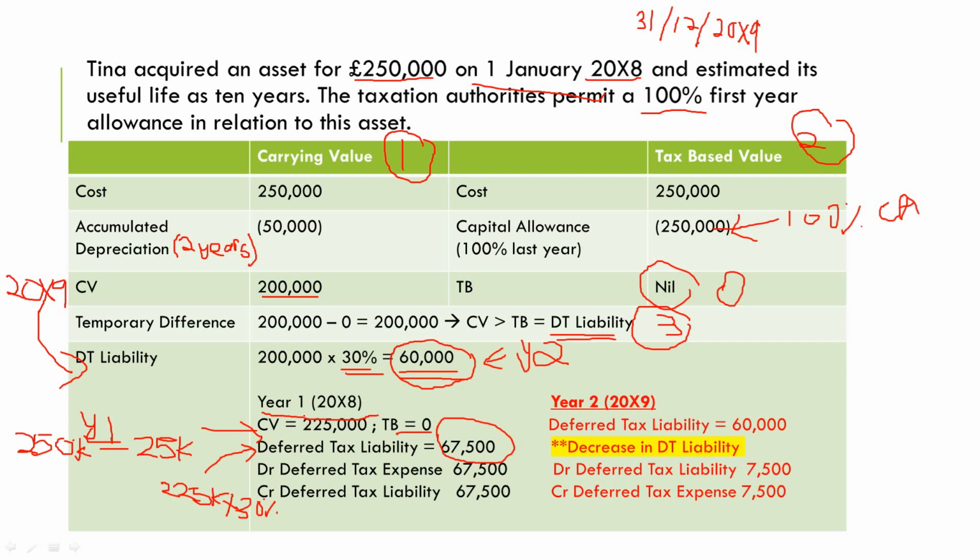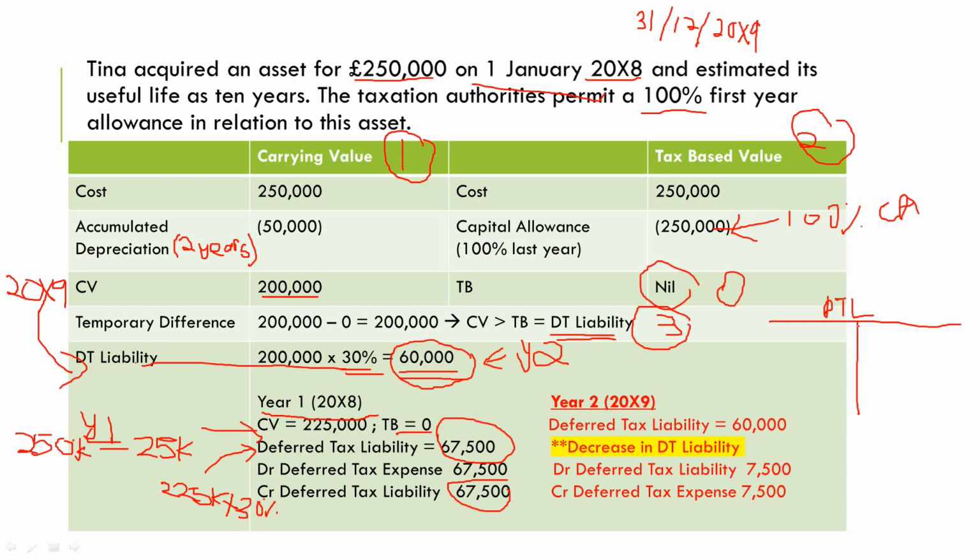But now, for the second year, based on this calculation, you know that the deferred tax that should be recognized is 60,000, meaning that you see a reduction in deferred tax liability. Last year, it was 67,500. This year, we have to record 60,000. So let's say this is your deferred tax liability account. I just write DTL, deferred tax liability.